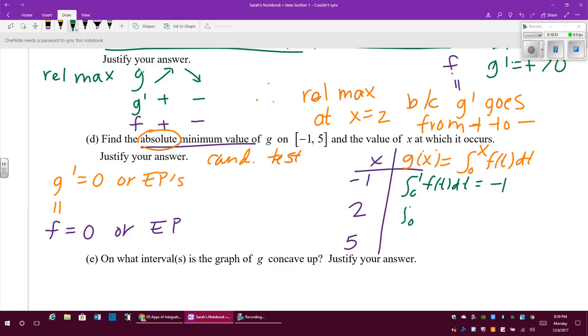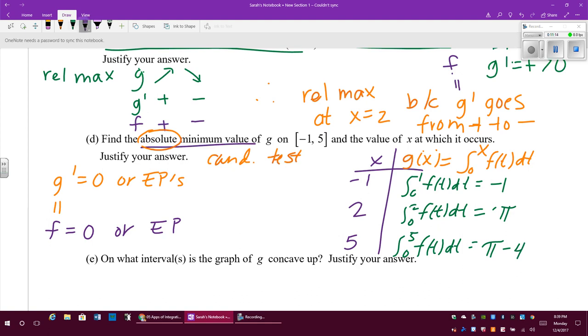This is the integral from 0 to 2 of f of t dt, which again you already answered was pi. And you already found g of 5, the integral from 0 to 5 of f of t dt, which again you discovered earlier was pi minus 4.